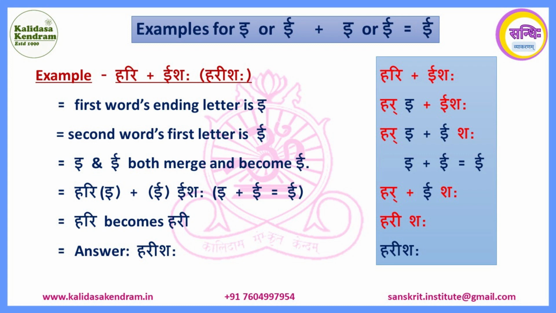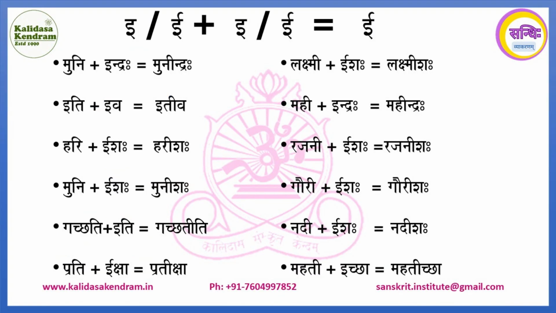Hari, the last letter is i. Ishaha, the first letter i. They both merge, become one single ī. Hari becomes Harī. Answer, Harishaha. Okay, it is given in the words in the box. You can refer to the box. More examples for this rule.